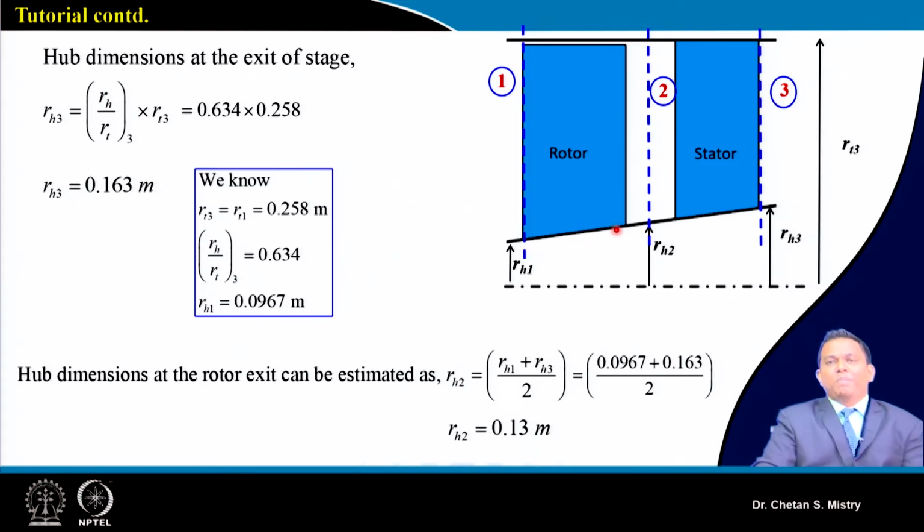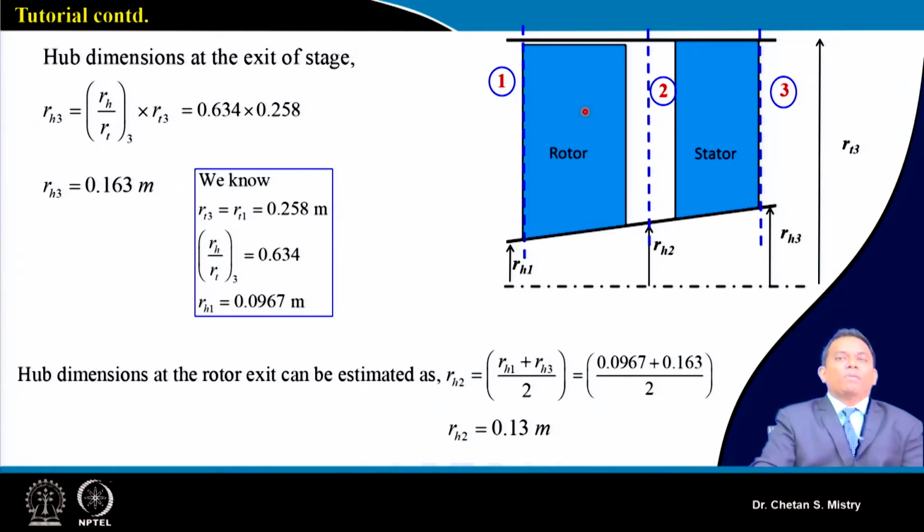So it may be possible that you may need to play with certain parameters. Maybe you will be changing your hub diameter here and there, maybe at the entry, maybe at the exit, maybe you will be changing your tip diameter slightly. Okay, so that is all the designer's choice and as per your requirement.